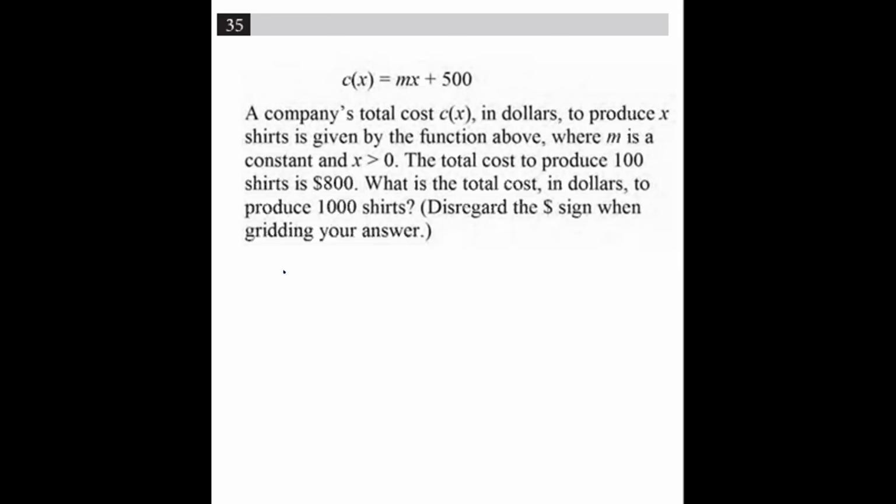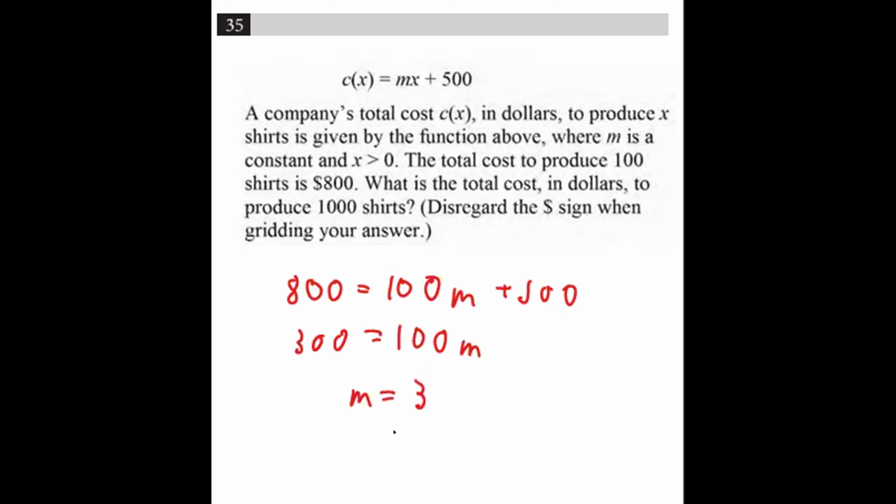So in this case, we have 800 equals 100M plus 500. So in this case, subtract 500 from both sides, which is 300 equals 100M. Divide both sides by 100, which gets us M is equal to 3.